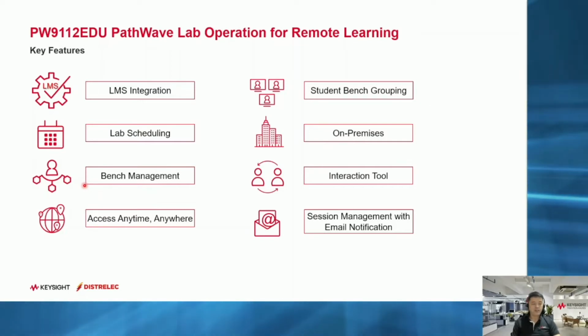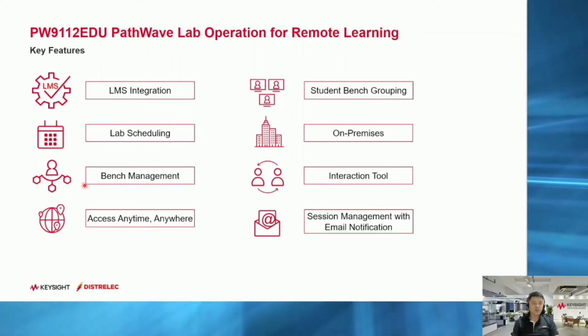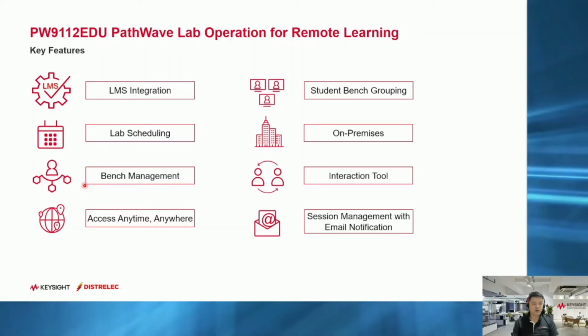Or we can assign another bench with the signal generator and the spectrum analyzer to become an RF test bench. So it is easier for the lecturer or the student to identify which setup they are going to use.